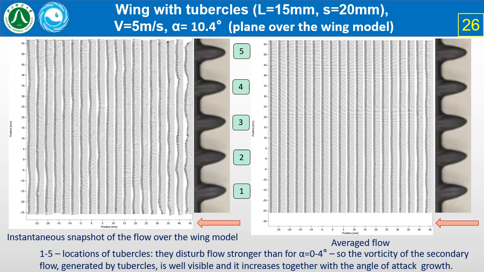This fact means that the vortex structure generated by the leading edge tubercles is rather weak. Nevertheless, the PIV technology of measurements is able to recognize it.